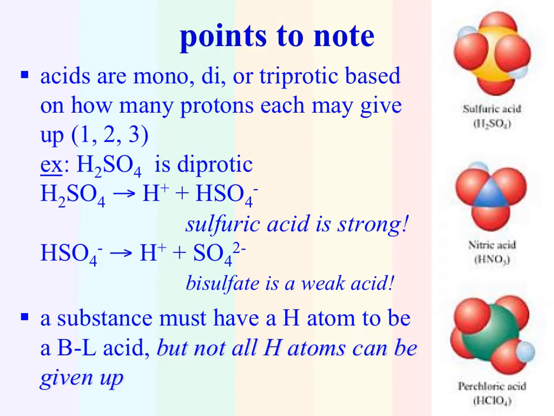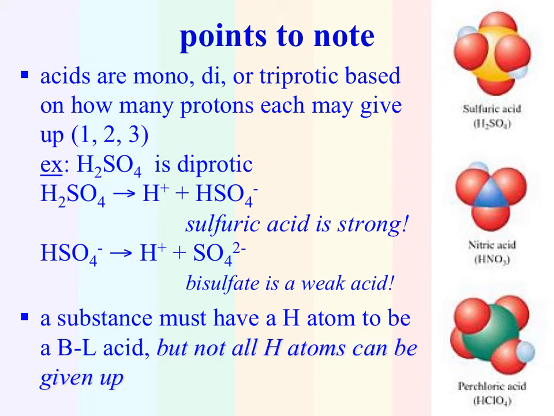Now, bisulfate is not a strong acid, it's a weak acid. So this ionization process is not going to be 100% like we see in the first process. What you need to understand is that there are acids that can give away only 1 proton, 2 protons, or 3 protons, but each successive proton that's given away is not necessarily going to be given away in the fashion of a strong acid.